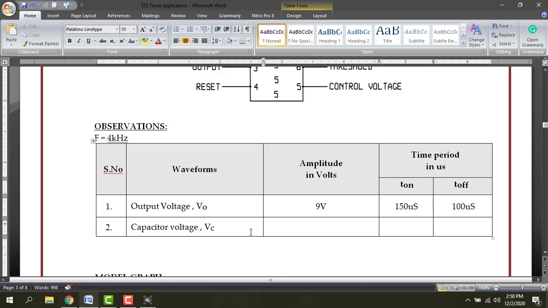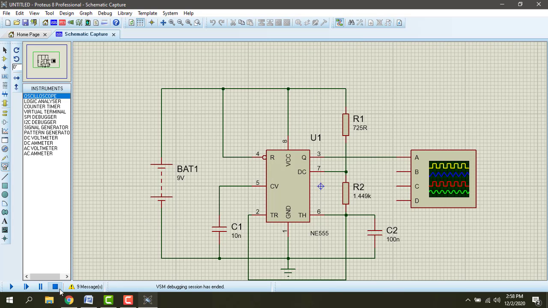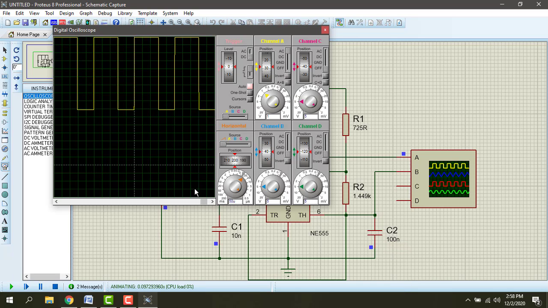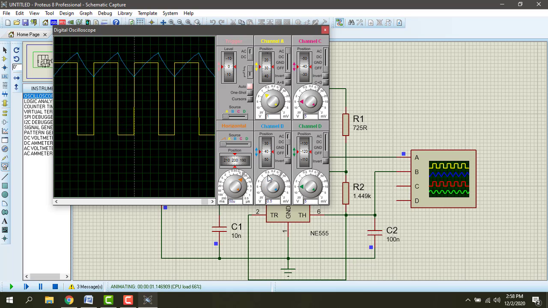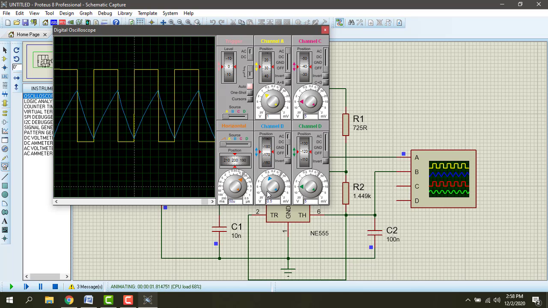Then capacitor voltage. So I am going to connect the voltage across the capacitor. The pin number 6 I am going to connect to the channel B. And in the simulation, turn on the channel B. So I can get the charging discharging waveform.